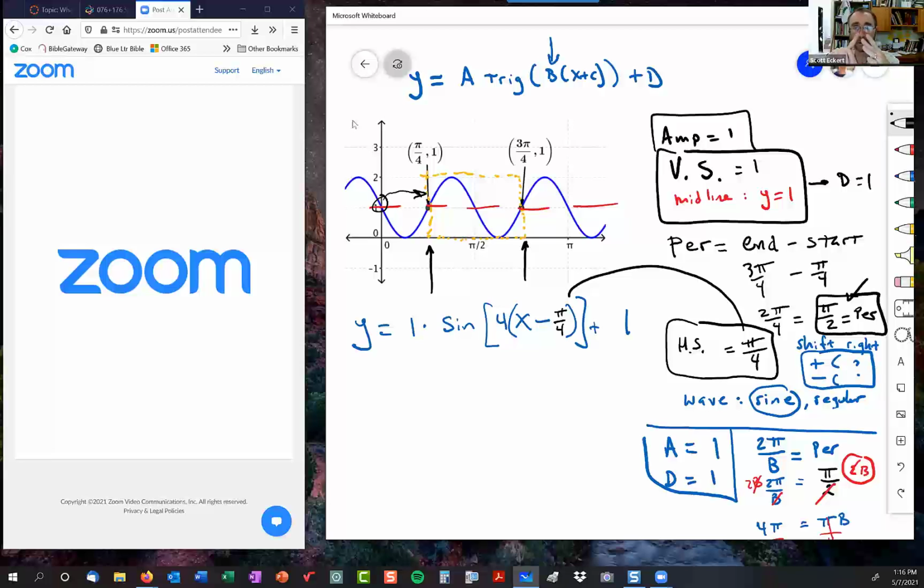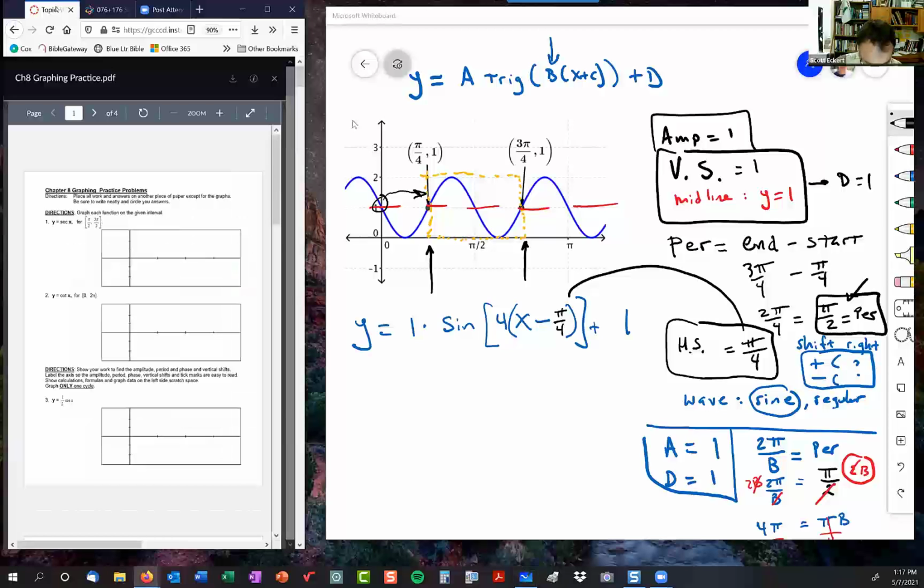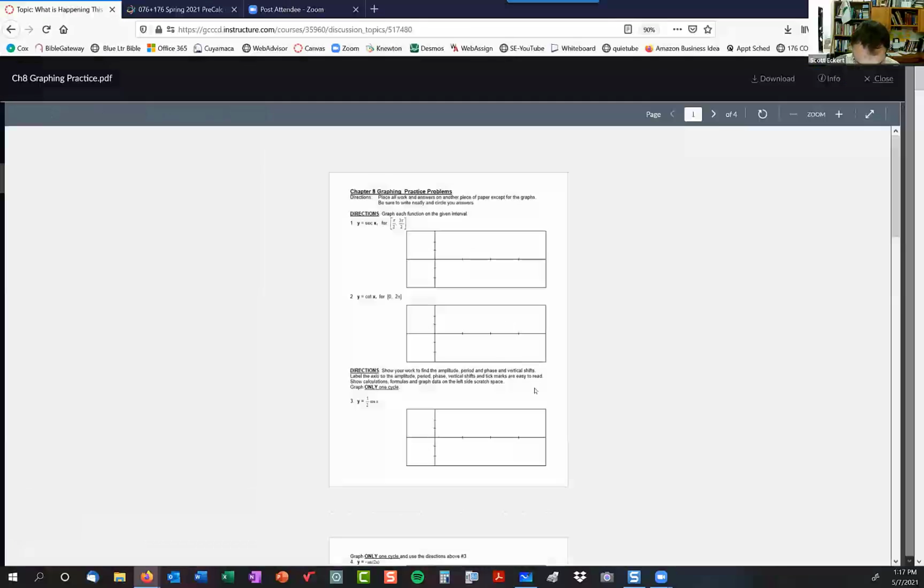And from those, we were able to find all the A, B, C, D numbers, and we were done. So that's pretty substantial and pretty significant to me. It's highly likely you're going to see something like this on the test. Most definitely likely that you're going to see something like these on the test.